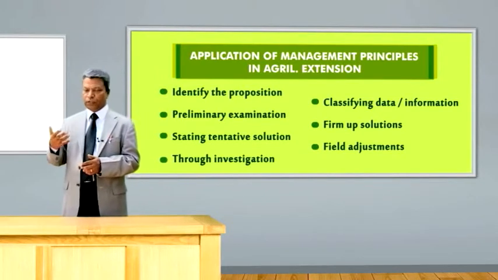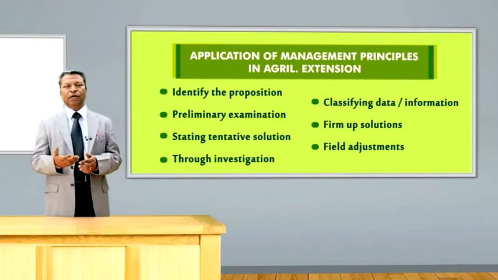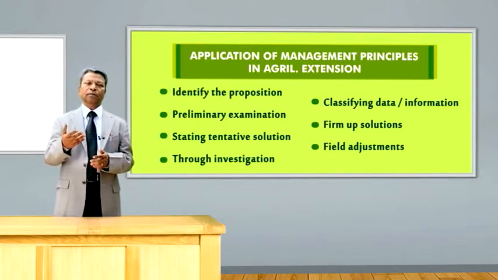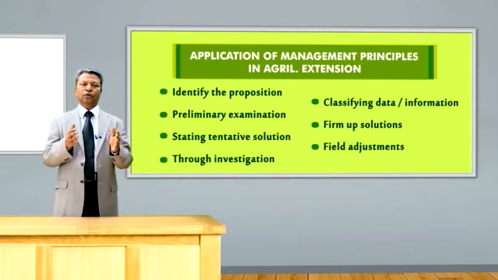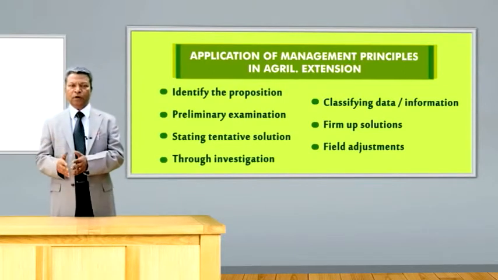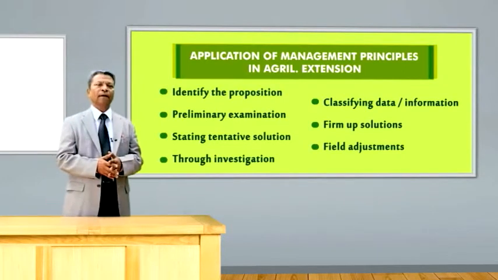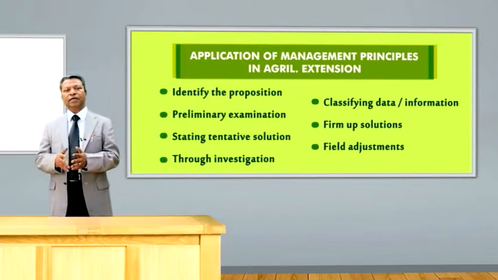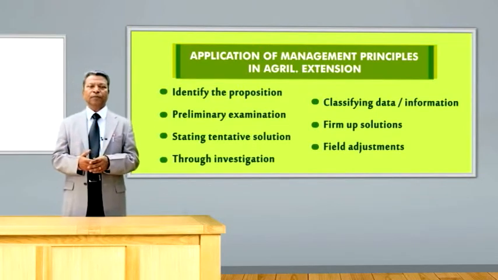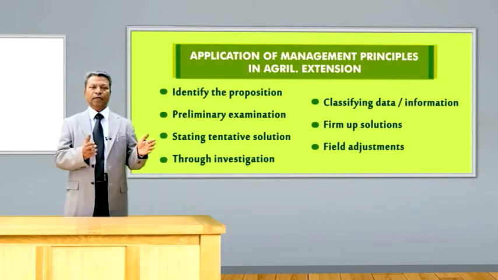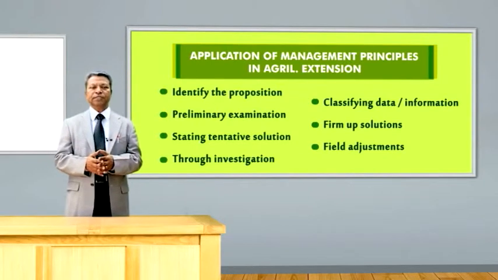Then I will see the preliminary information on the proposition. If I have to work in a block, I would see what are the agroclimatic situation in the block, the cropping pattern of the block, the agriculture and allied enterprises in the block, the adoption level of various practices in the block.